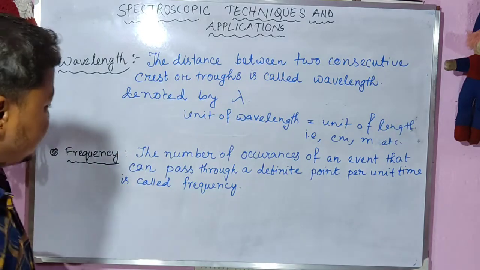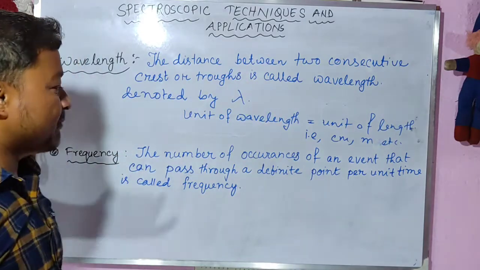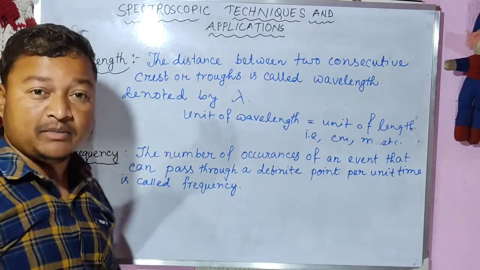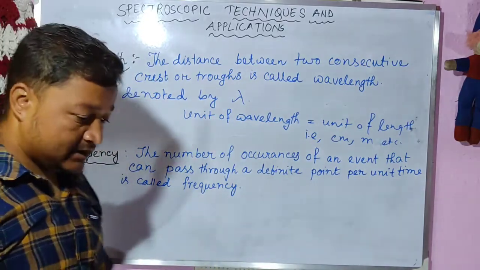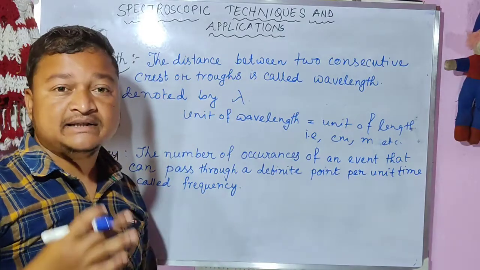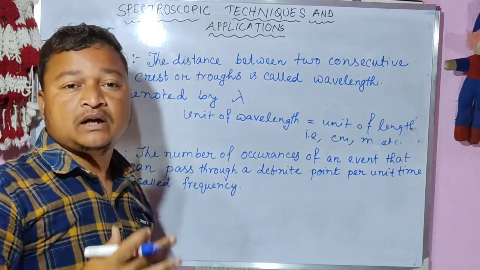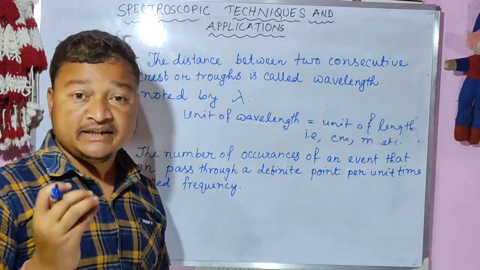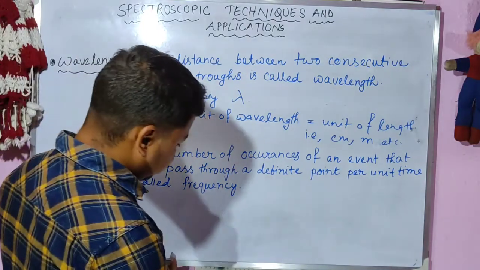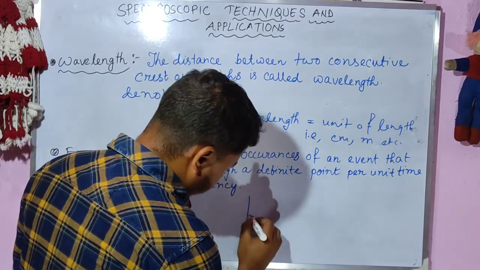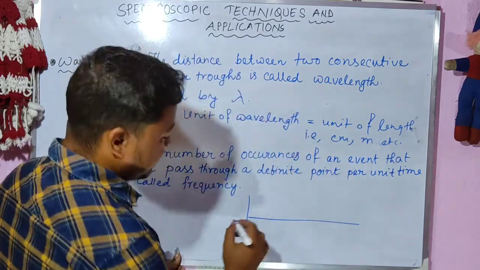So frequency is a number, and which number? The number of times one event repeats in unit time. That is the frequency.